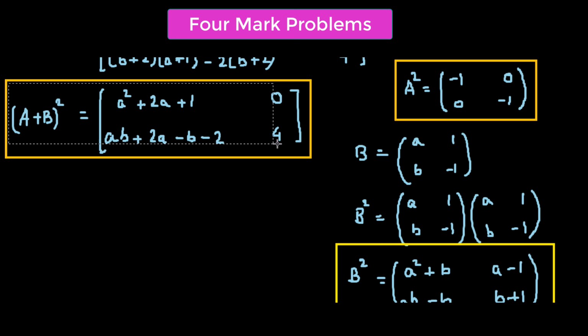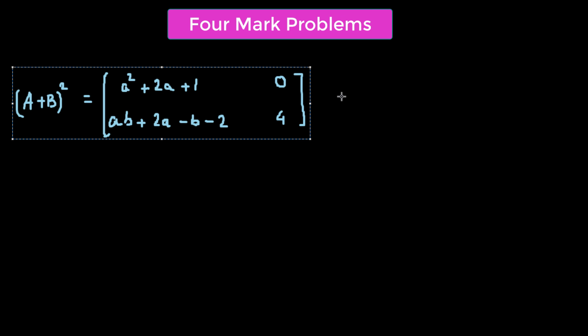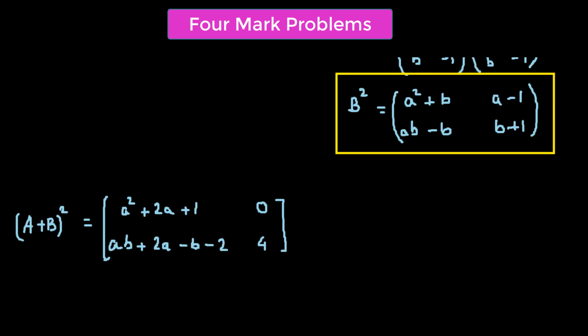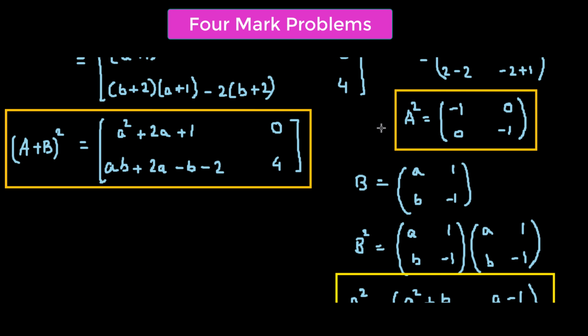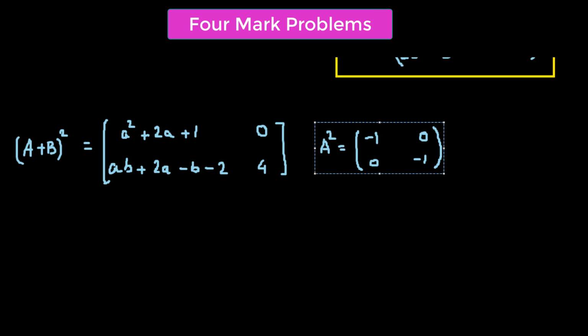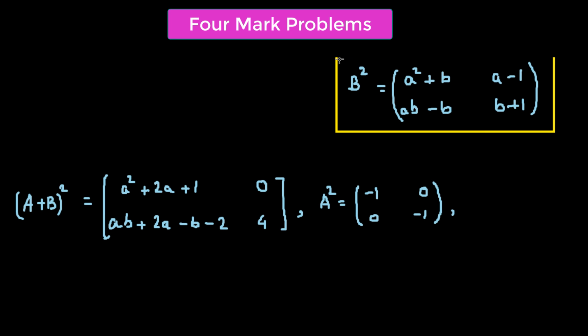So this is our a squared. This is (a plus b) whole squared. Then we had found out A squared, so A squared was this, and then we found out B squared, so we have all the values that we need.